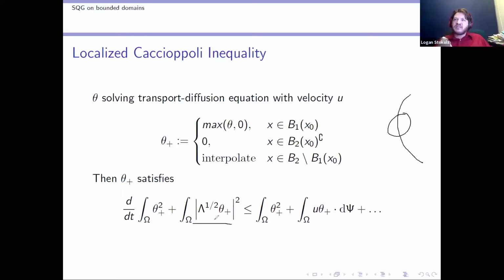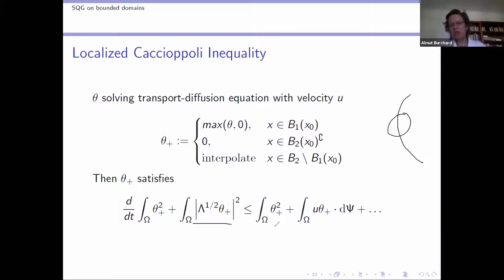And coercivity breaks down near the boundary. So showing that it's coercive up to the boundary is the hard part. It needs to be coercive up to the boundary, and it needs to be coercive independent of scale. If as you zoom in, this gets further and further away from the standard Laplacian, then it breaks down as you zoom in, and it's not scale independent.